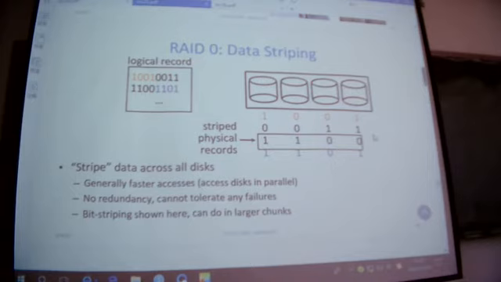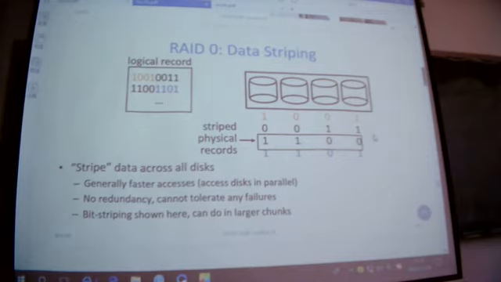So RAID 0 is a very simple strategy. RAID 0 can't tolerate any failures. So the reliability of RAID 0 is very low.